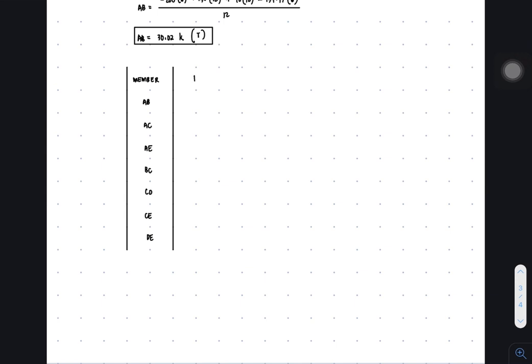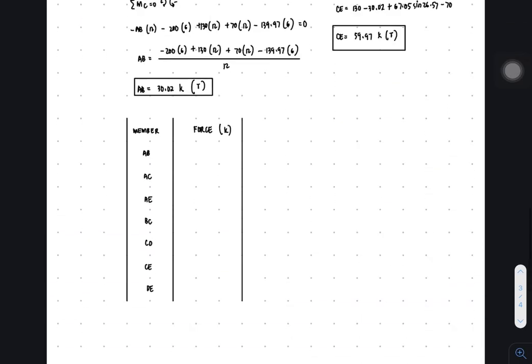Okay, next is the force, and the force is in kips of course. Next is the stress. You know already what to label for stress. Okay, and let's proceed in doing the table.